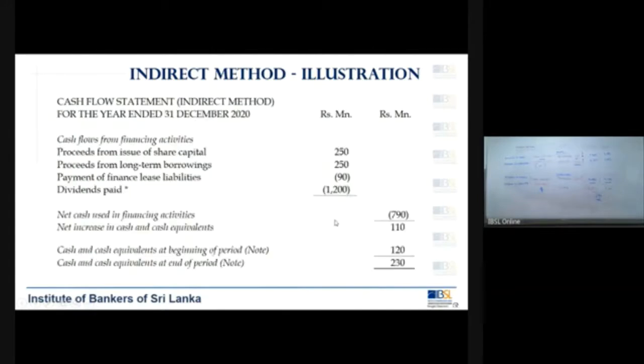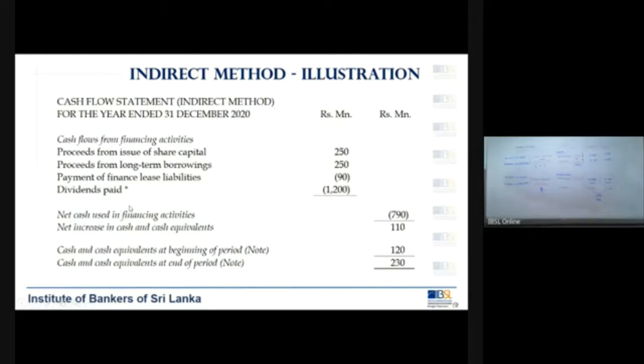Then you also go into the financing activities. Proceeds from issue of share capital. So you have issued shares and you have received money. Inflow or outflow? Inflow, sir. Any inflow, you will show it as positive, and any outflows, you will show it as negative.